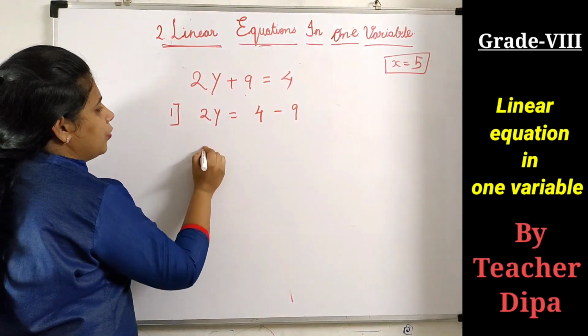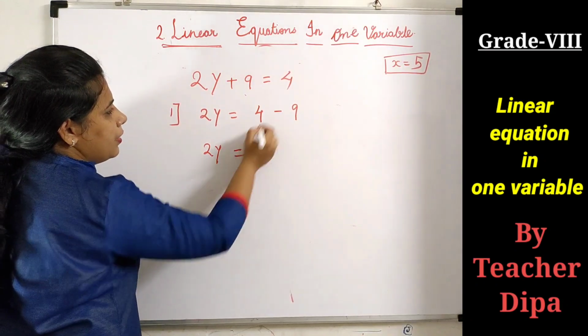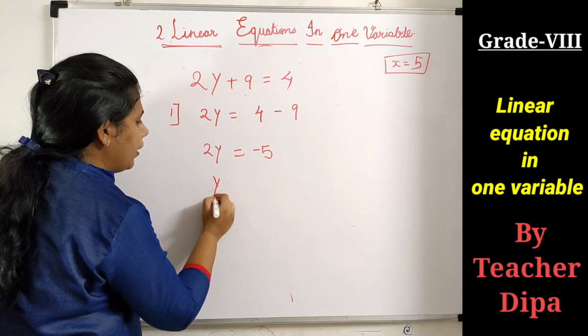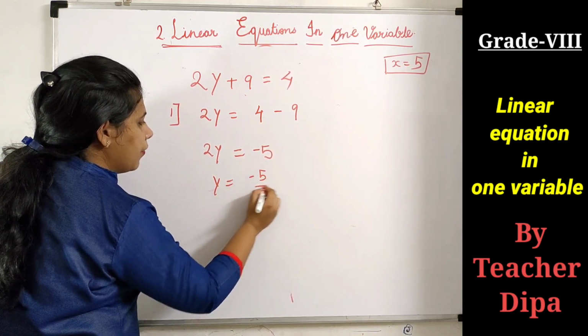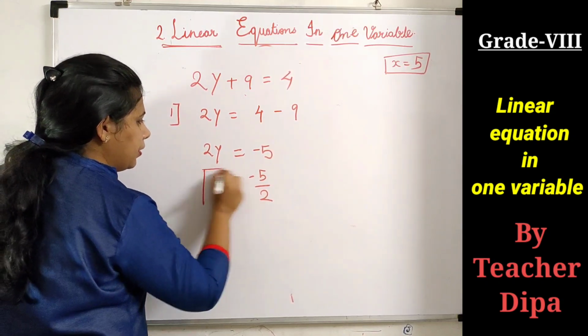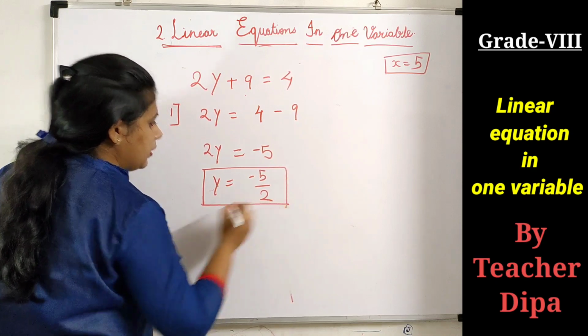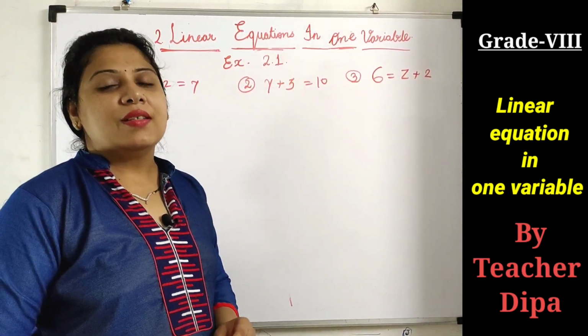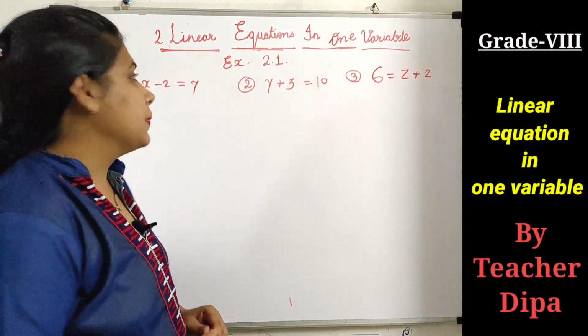By this method you again will get 2y is equal to minus 5. So y is equal to minus 5 by 2. This is our answer. Now here is the time to start with our exercises.